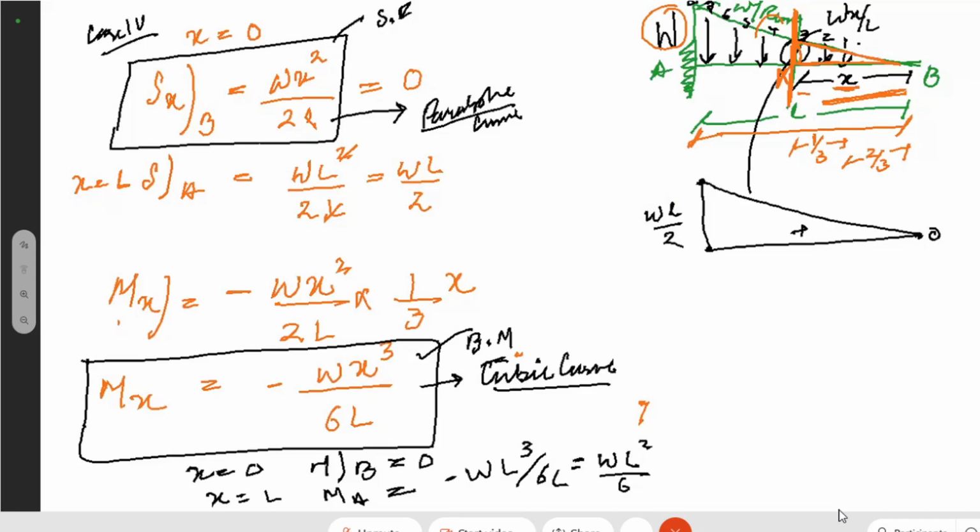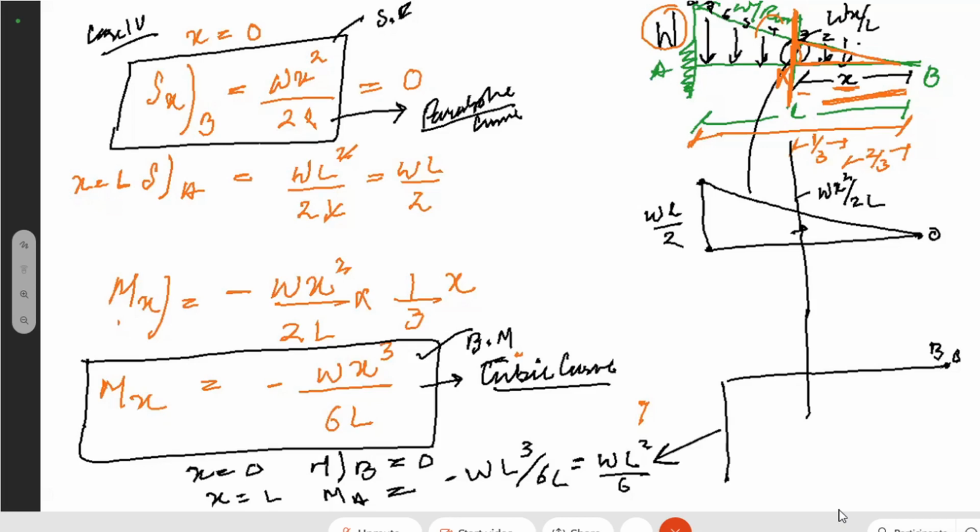But it will vary parabolically, because at any point x, the equation came out to be Wx square by 2L. That means it is a parabolic equation. When I draw the bending moment diagram, again it will be in the negative direction. At point B it was 0, and at the end point A it came out to be WL square by 6.